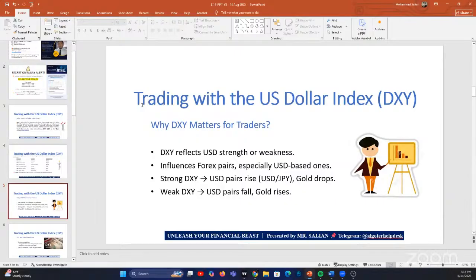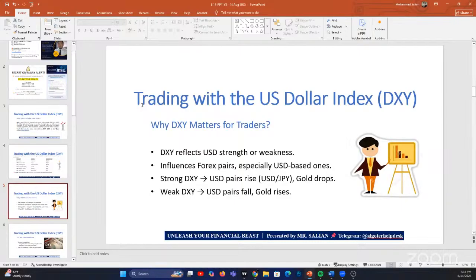It also influences forex pairs, especially the USD-based ones. So what are those? EUR/USD, GBP/USD, NZD/USD, AUD/USD. All this will help you capitalize in trading, as I will show you later on in the chart.